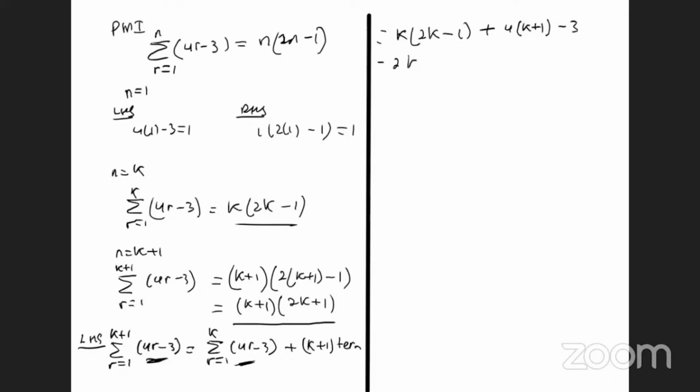So that'll be 2k squared minus k plus 4k plus 4 minus 3. So I just kind of multiply it out. So I'll get 2k squared minus k plus 4k is plus 3k plus 1.